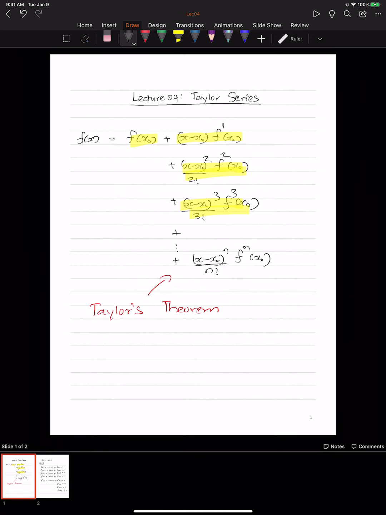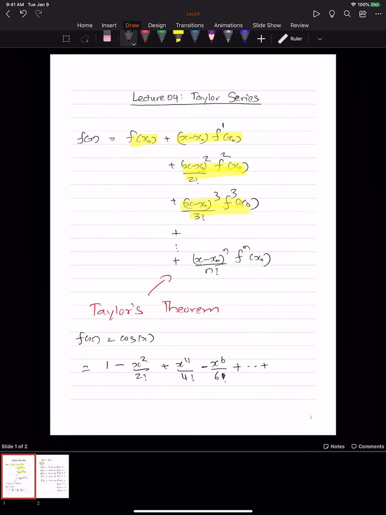So all we have to do is substitute here. When we do that, if you take each value and substitute, you will get cos x is 1 minus x squared over 2 factorial plus x to the 4 over 4 factorial minus x to the 6 over 6 factorial and so on.